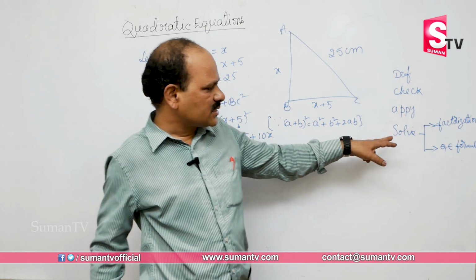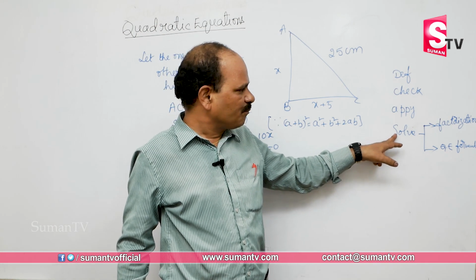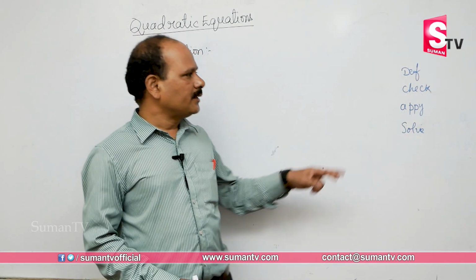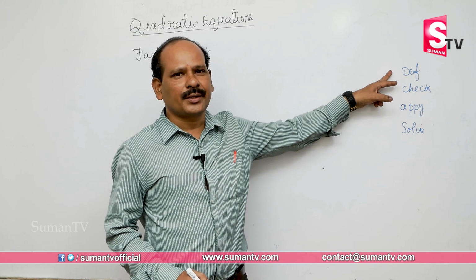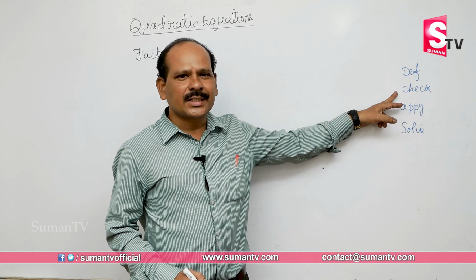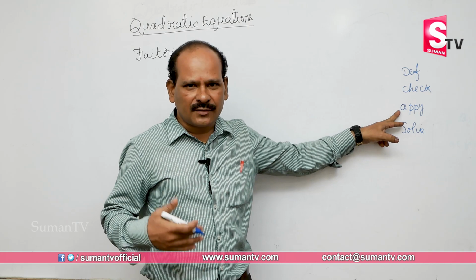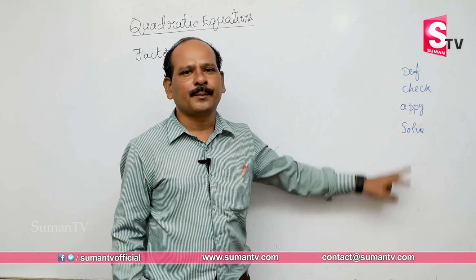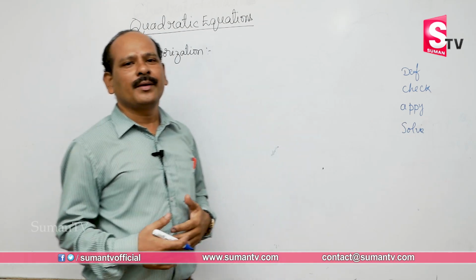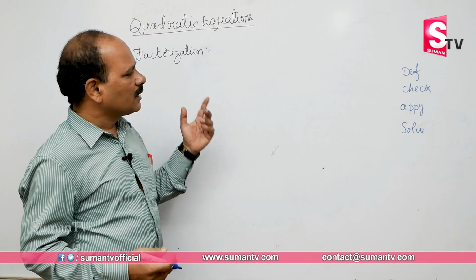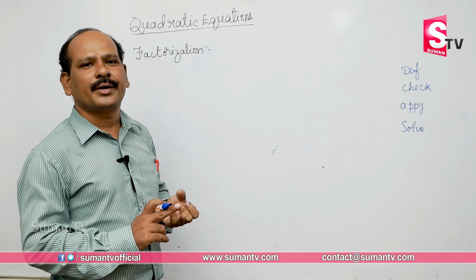Now let us discuss how to solve a quadratic equation by using the factorization method. We learned what is the definition of the quadratic equation, how to check a quadratic equation, where we apply this quadratic equation in our real life situations. Now the final topic is how to solve a quadratic equation. There are two methods to solve the quadratic equations.